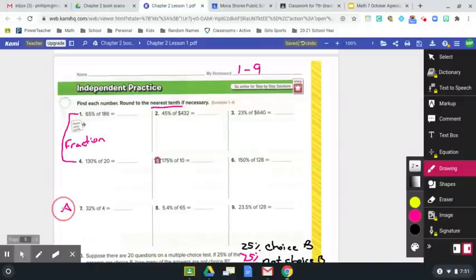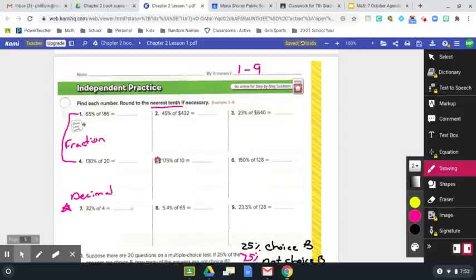This row right here, 7 through 9, do the decimal. So fraction format on the first 6, decimal format on 7, 8, and 9.